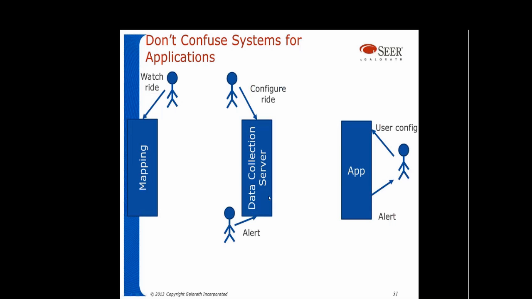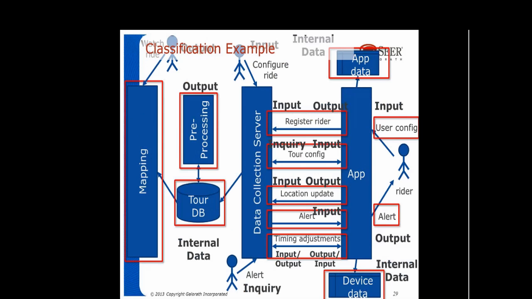I'm going to go back two slides. That's what you count. The app has an output on the back end to the server. It has an input. It has an output, an input, and so on. They're paired. For every output you have on the app, you have an input on the data collection server, pretty much, and vice versa. And then you have additional things that occur in each app.